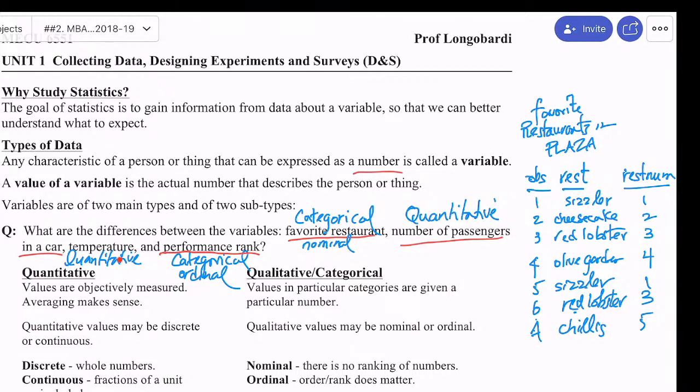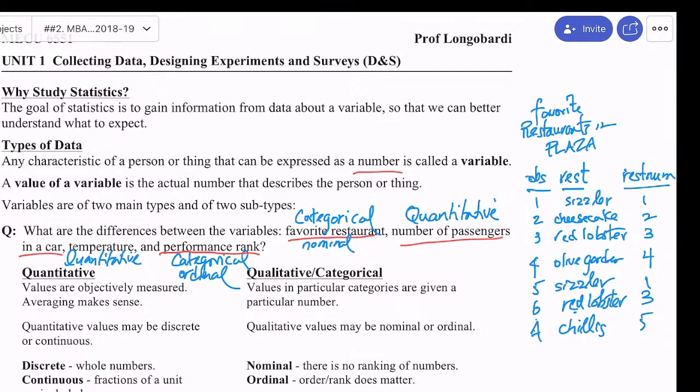Their result could be a whole number, or it could be portions of a number, right? You can have a digital instrument that has more precision. It could have decimal values on it if it's digital. So in that way, it's quantitative, but it's known as continuous because we can have fractions of a whole digit. That's different from number of passengers, because passengers have to be whole numbers.